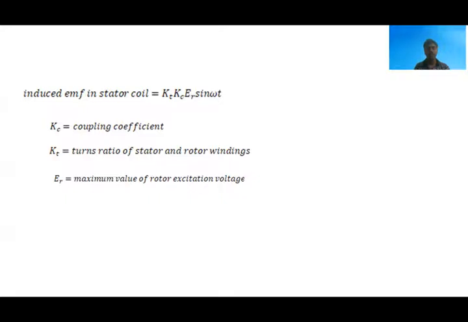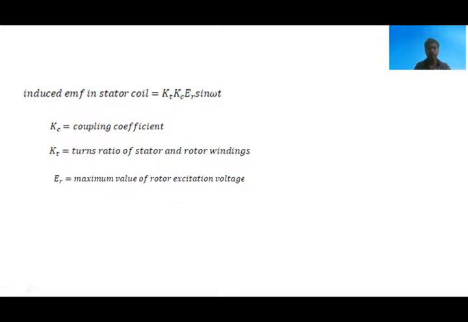Then, by the transformer principle, when the voltage is transferred from the primary winding to the secondary winding, the EMF induced in the secondary winding is multiplied by the number of turns and the coupling coefficient. Therefore, the EMF induced in the stator coil is equal to Kt into Kc into ER sin omega t, where Kt is the number of turns in the secondary winding, that is the stator windings here, and Kc is the coupling coefficient.